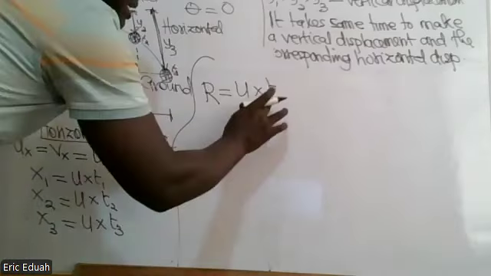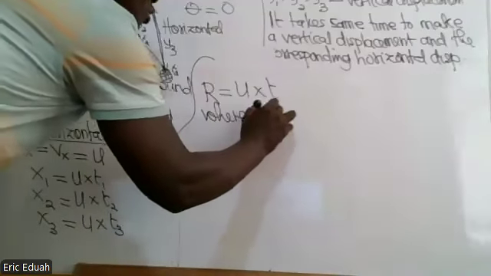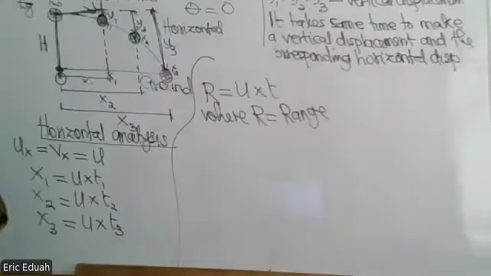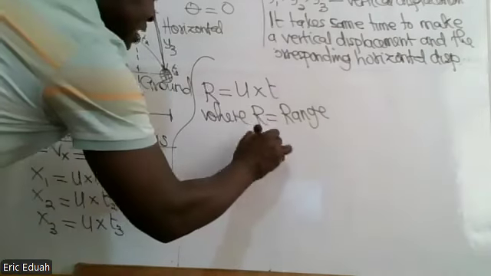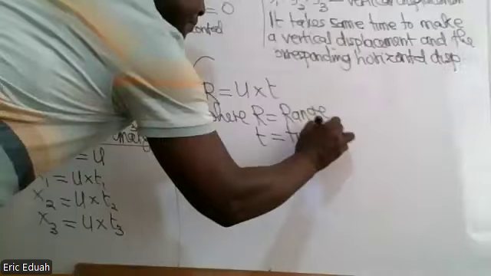So here R is equal to the range. The range is the total horizontal distance traveled. And T is equal to the time of flight.